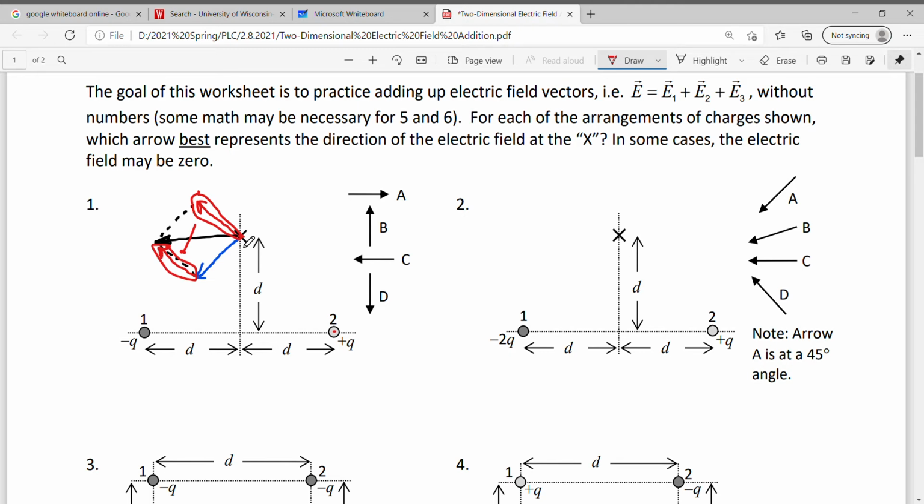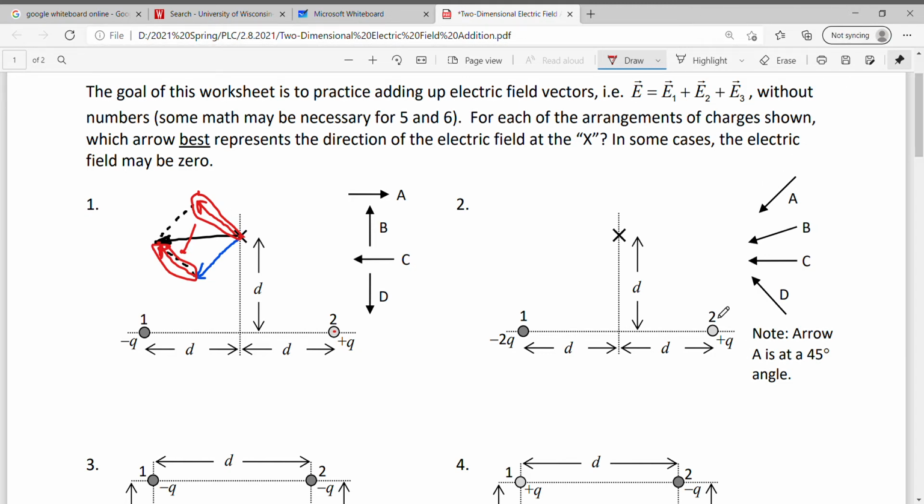So it's equivalent to another person walking from this position directly to this position. This is the idea of vector addition, which means that the sum of two vectors is equivalent to another vector. So here we can say that the sum of this blue vector and this red vector is equivalent to this black vector.